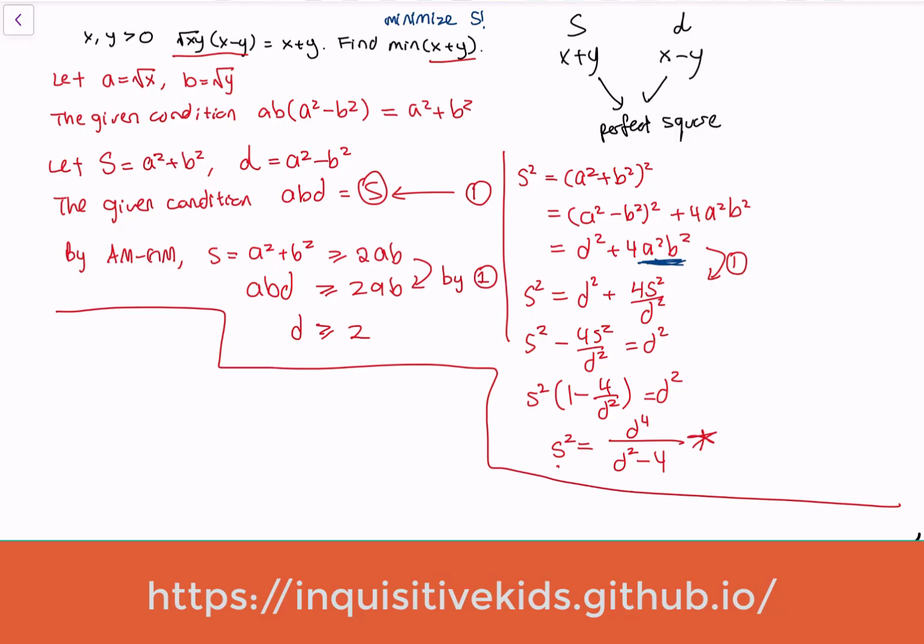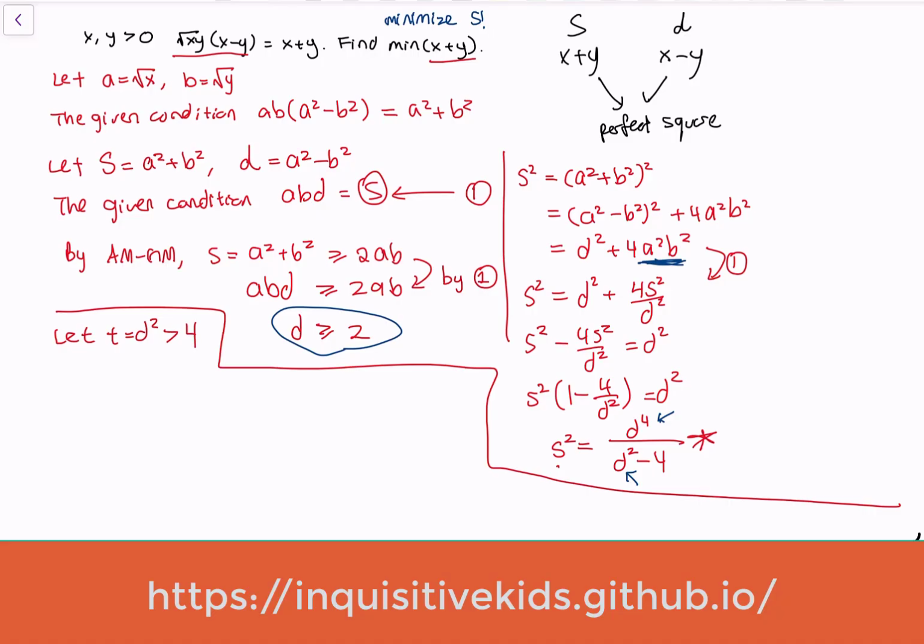Well, we can put some bounds on D. We already know that D is greater or equal to 2. So let T, we're going to make a new substitution, be equal to D squared, because we can see D squared appearing here pretty often. And what's the bound of T? Well, T would be greater than 4.